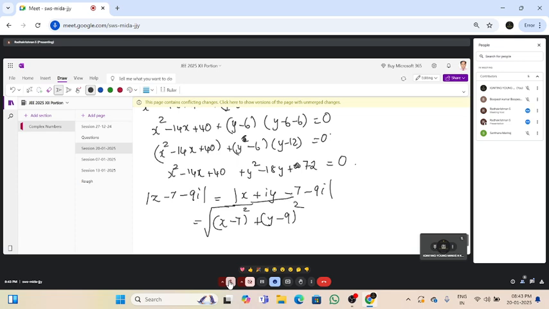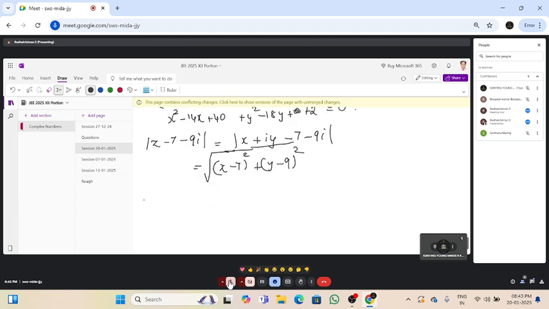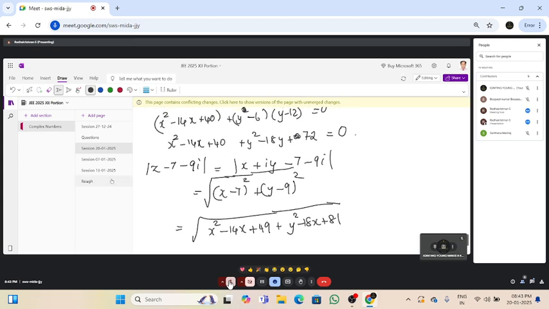This is what they are asking for, right? And you see that x² − 14x, y² − 18y.